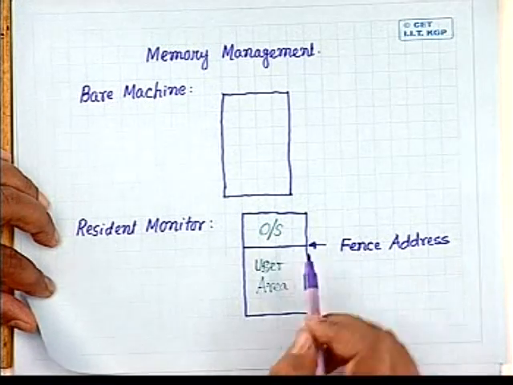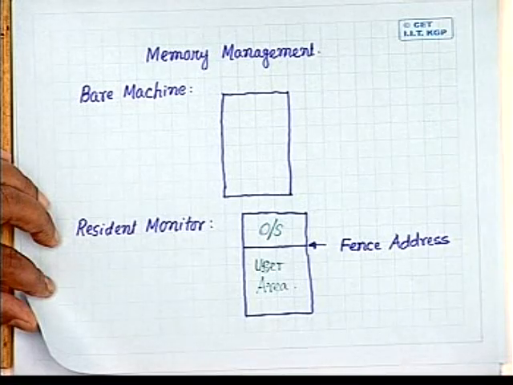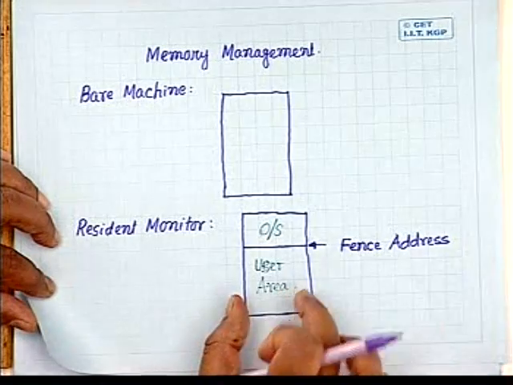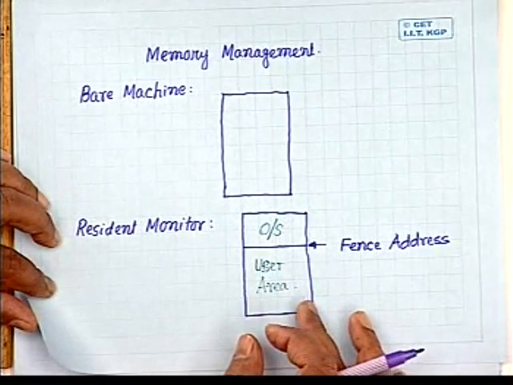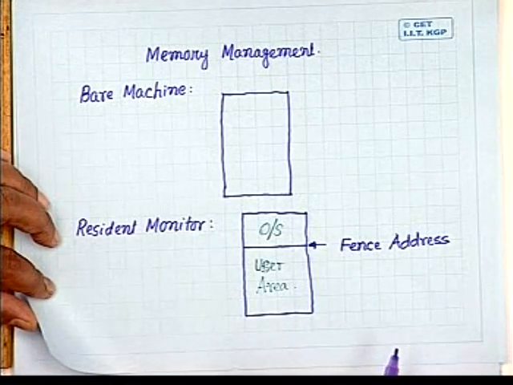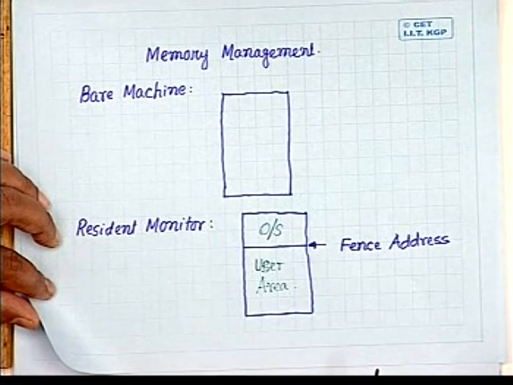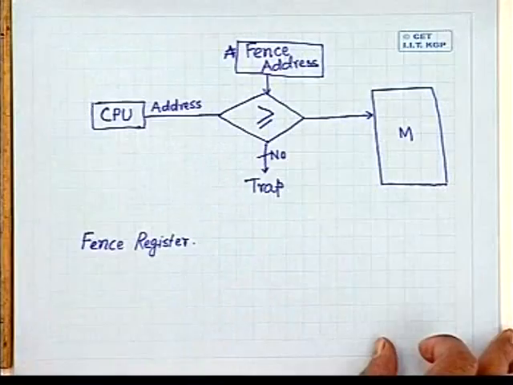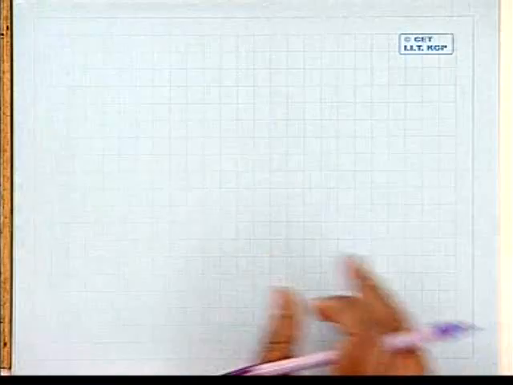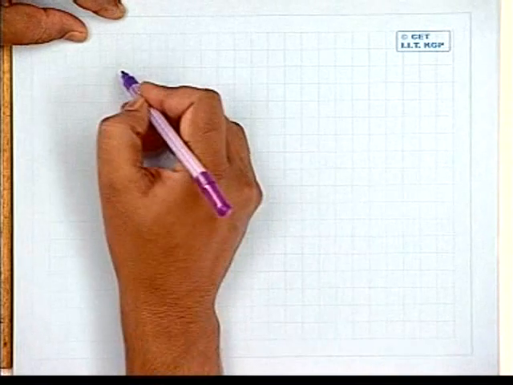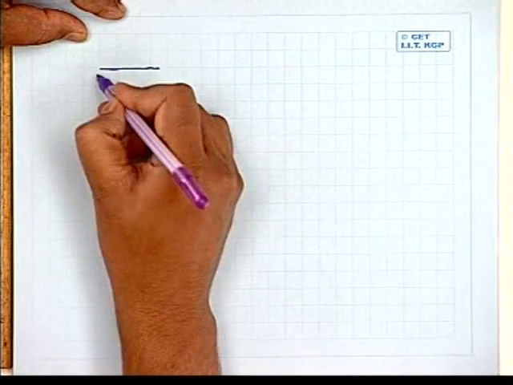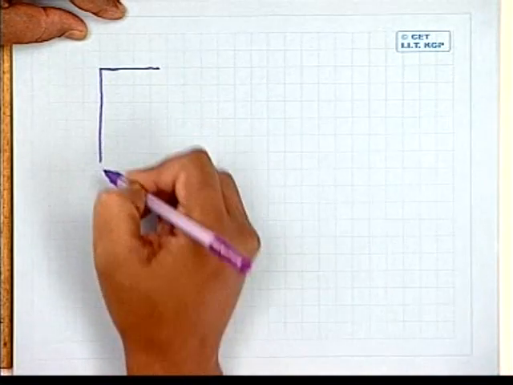This is not much suitable for a multi-user system. However, this model itself can be converted to a multi-user system if we incorporate what is called swapping. In that case, our model will be something like this. In the main memory, we still have two regions.